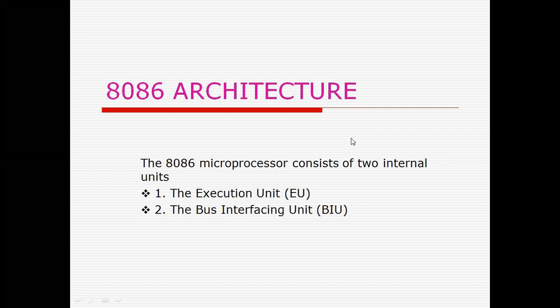It can manipulate or process the data, and by selecting the necessary instructions, you can perform the operations. And these instructions are given to the microprocessor by writing them into the memory of the processor. So how can we give the instructions to the processor? By writing the instructions into the memory of the processor.